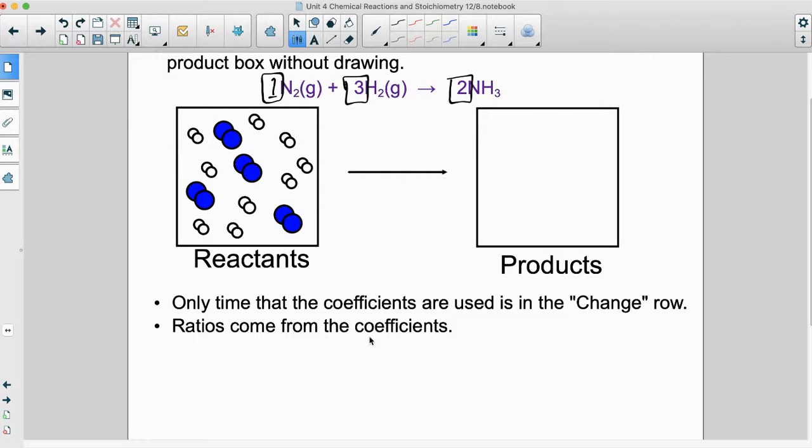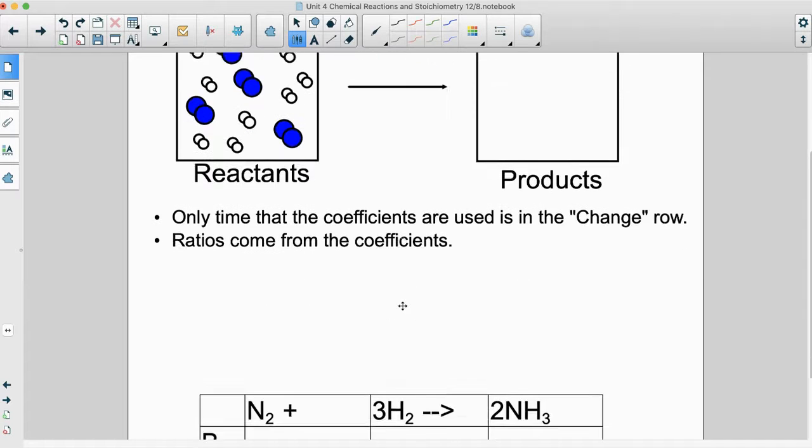So when we're drawing a particle model, we could always draw the products here. However, in problems, we will not always get particles. Okay, we'll get moles or grams or pressure, and we need to relate this through moles. These coefficients are the mole ratios, or how the moles react.